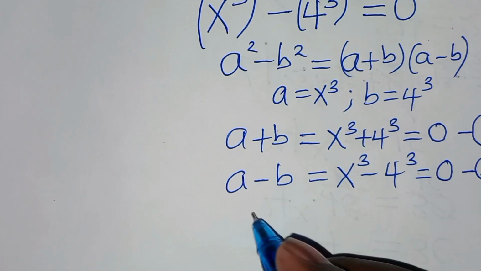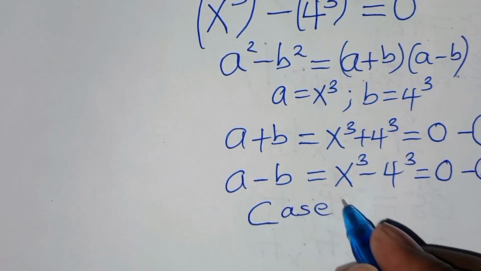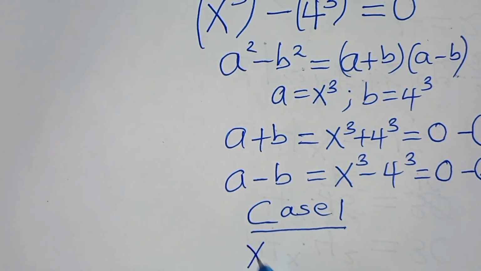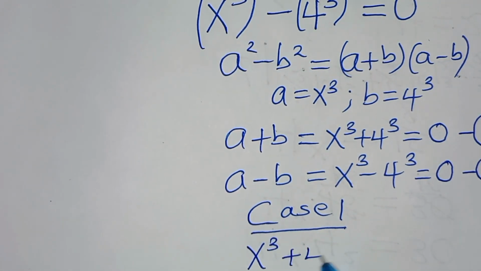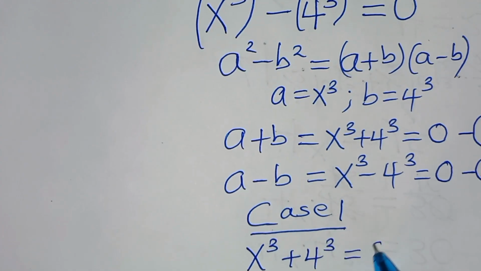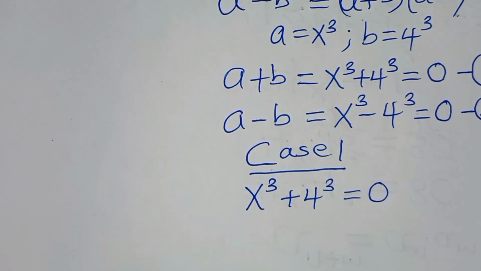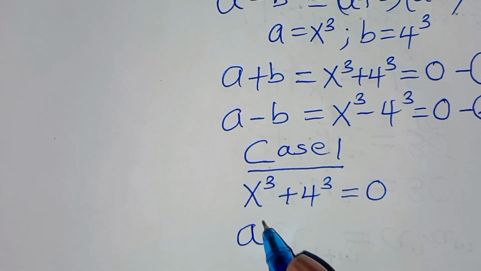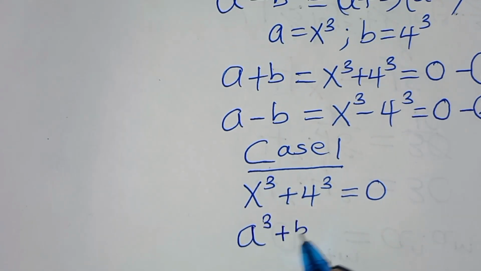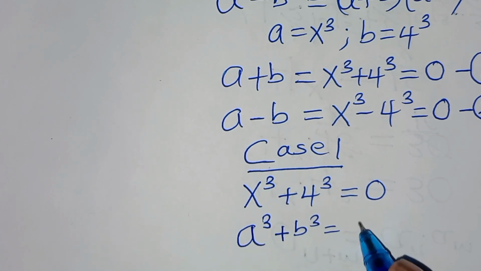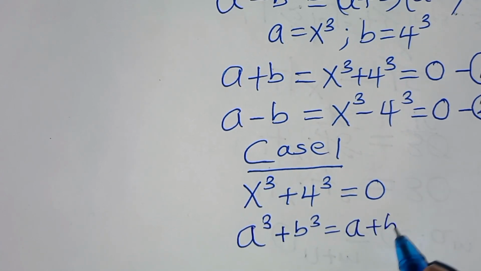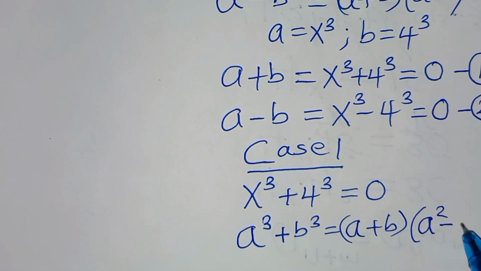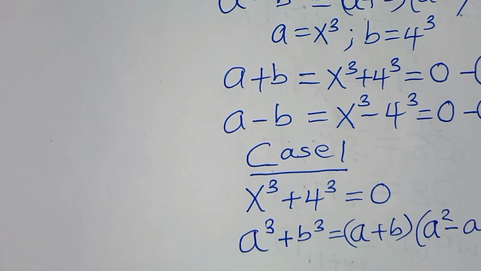So the next step here, let's start with case 1. Case 1 is equation 1, which is x to the power 3 plus 4 to the power 3 equal to 0. So this is the sum of two cubes, which is in the form of a to the power 3 plus b to the power 3, which we can express as a plus b times a squared minus a times b plus b squared.